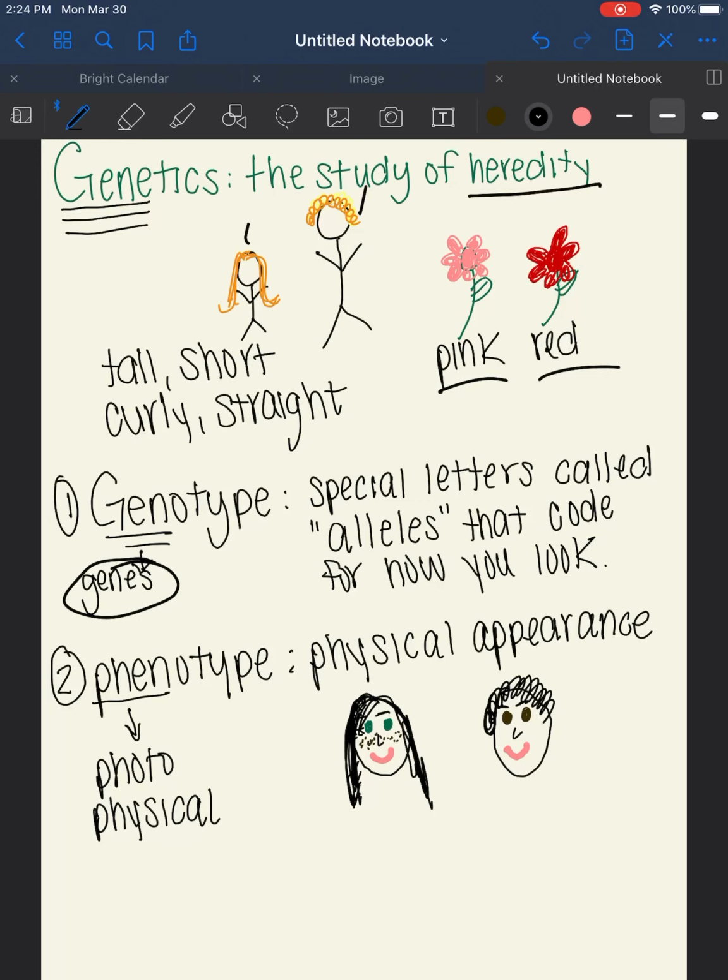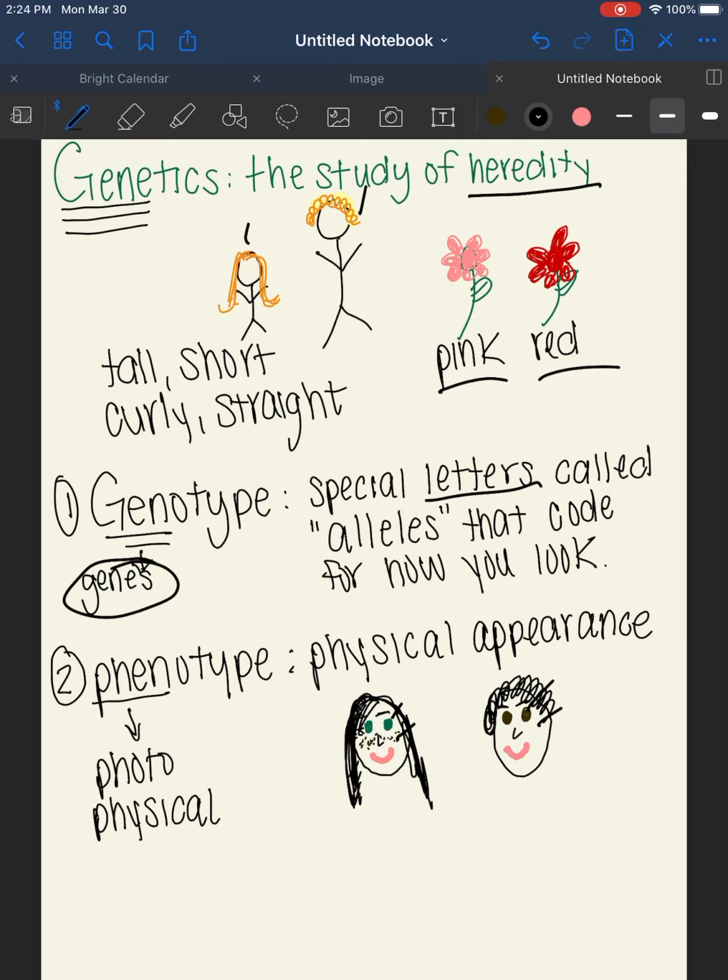And then the way you actually look, your physical appearance, is known as your phenotype. At the beginning of phenotype, think of it as photo or physical, the actual physical appearance. Again, genotype is just the letters that you have in your chromosomes in your DNA, and your phenotype is your actual physical appearance. I drew a little figure here that has straight hair versus curly hair, green eyes versus brown eyes, freckles, no freckles.